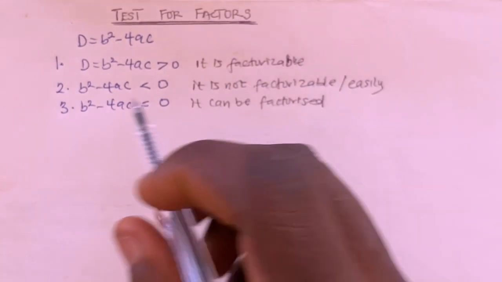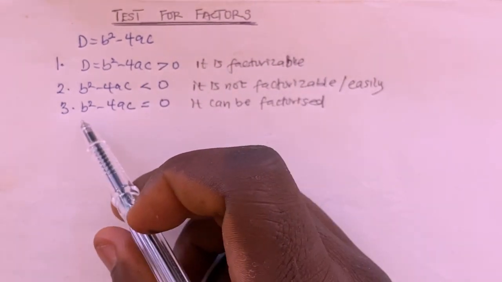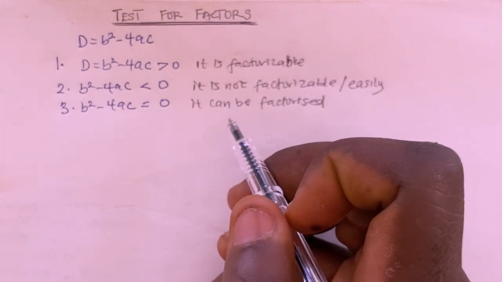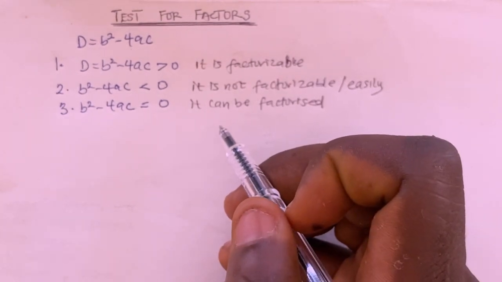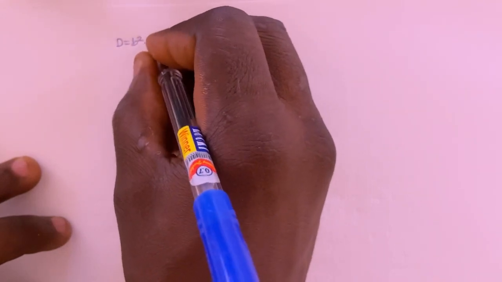But whenever b squared minus 4ac is greater than 0, it is factorizable. Whenever b squared minus 4ac is equal to 0, it is also factorizable into two linear factors. So we know the expression we are given is d equals b squared minus 4ac.